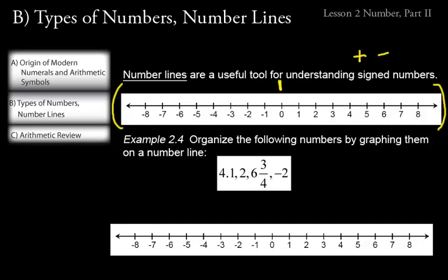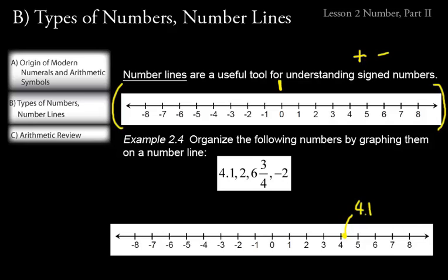Organize the following numbers by graphing them on a number line. Let's see, we have 4.1. Let's do that first. We can put a dot about where we think 4.1 would be. So right about there. And I'll put a line up to that saying that's 4.1.